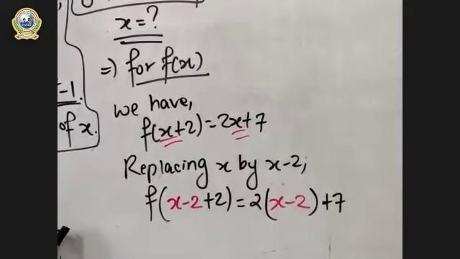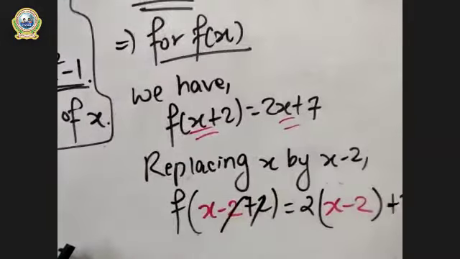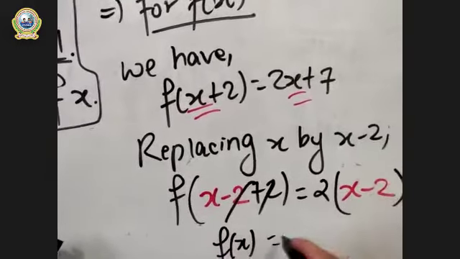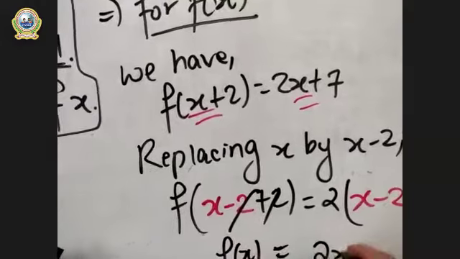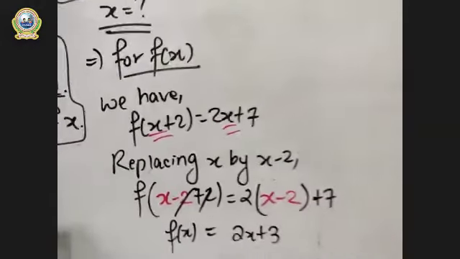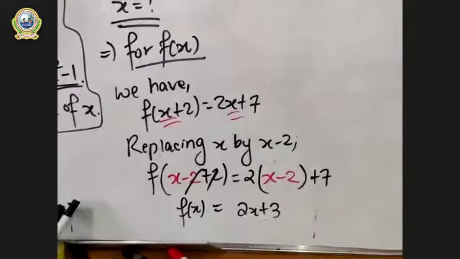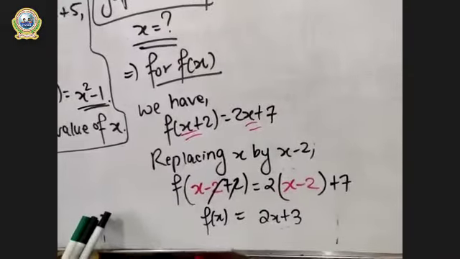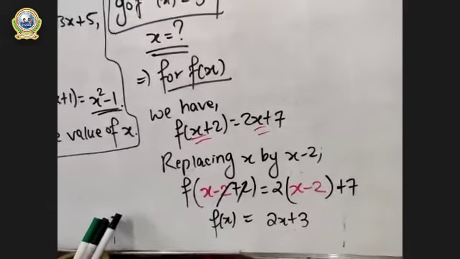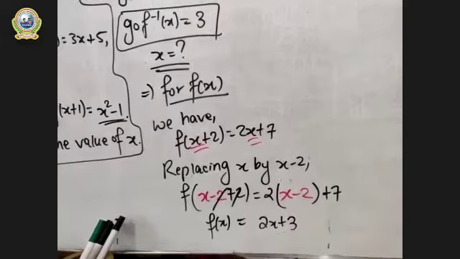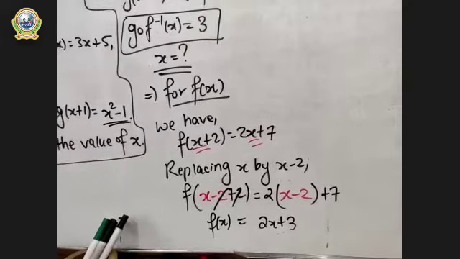You are getting it, right? So first of all, let's cancel these 2, right? Now it will be f(x) only. And the right part we will have 2x+3, right? Because it will be 2x minus 4 plus 7. It will be 2x+3. Are you clear? So this is our f(x). This is clear, right?